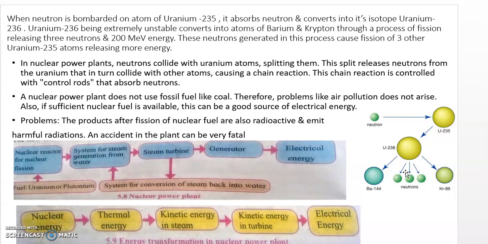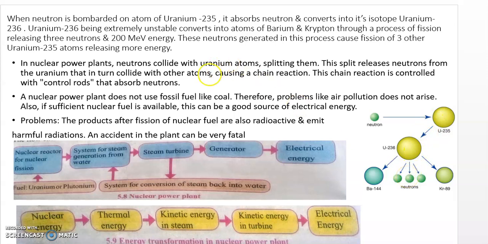These neutrons generated in this process will cause the fission of 3 other uranium-235 atoms, releasing energy, because one neutron releases 3 neutrons. So once again, each neutron will collide and release more energy.